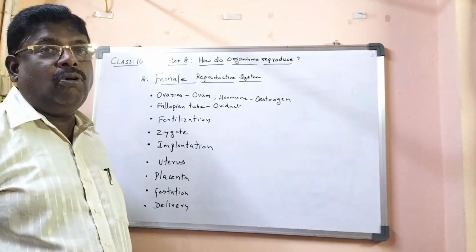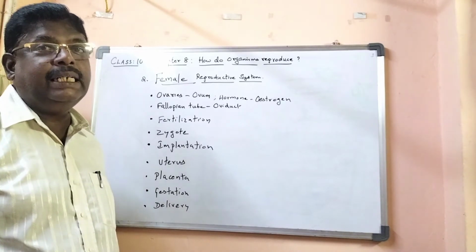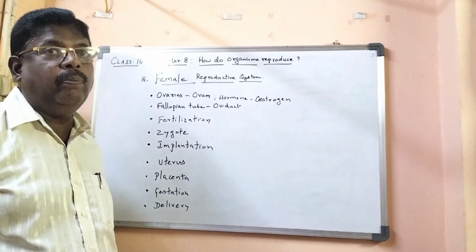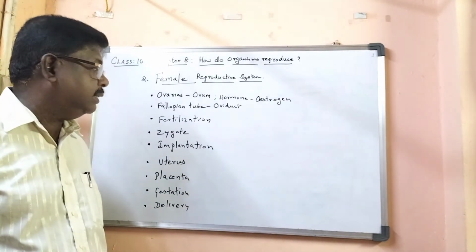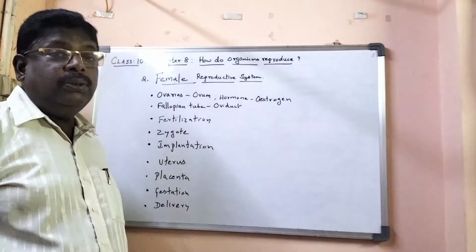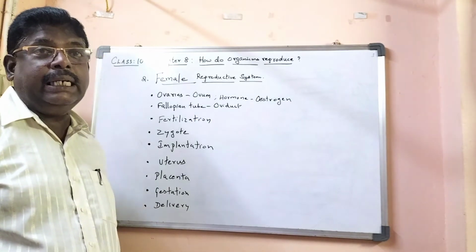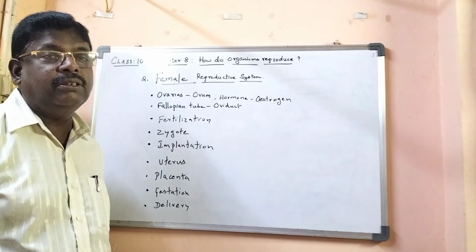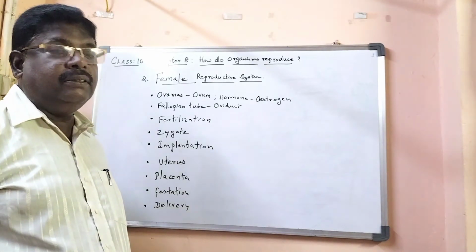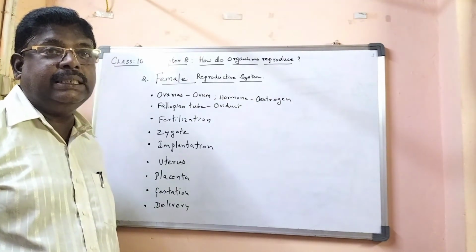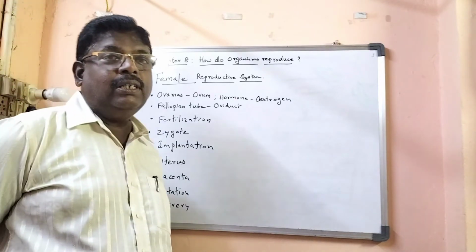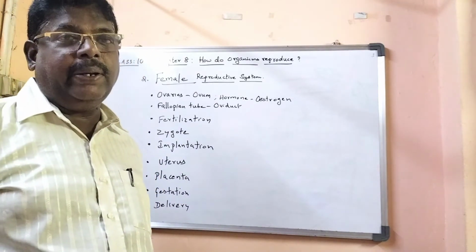Once the zygote is formed, it will get implanted in the uterus, the mother's womb. Implanted means fixed in the uterus. The uterus is an elastic bag-like structure, and its inner lining prepares itself for receiving the embryo.